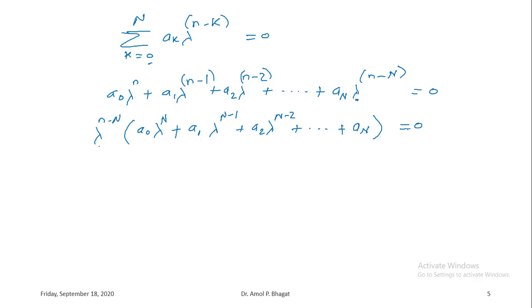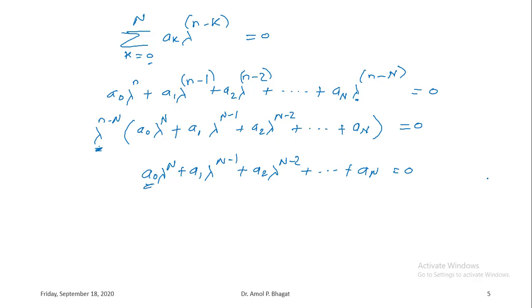If you transfer this again to the right hand side, it will be simply 0 divided by this term, which will be 0, so the remaining equation will be simply a0 lambda to the power n plus a1 lambda to the power n minus 1 plus a2 lambda to the power n minus 2 plus and so on plus an is equal to 0.